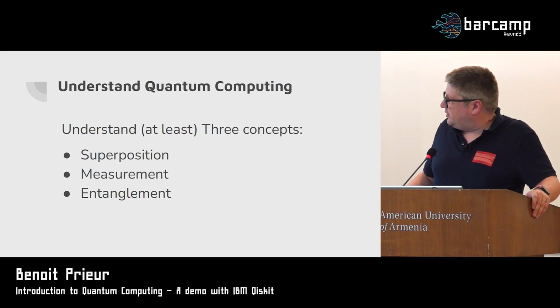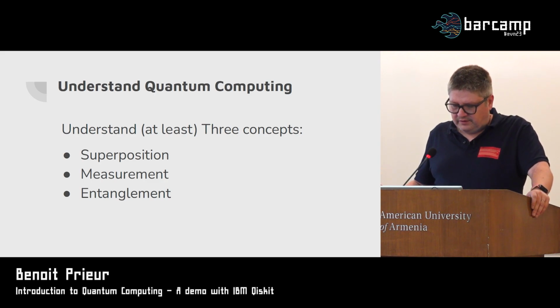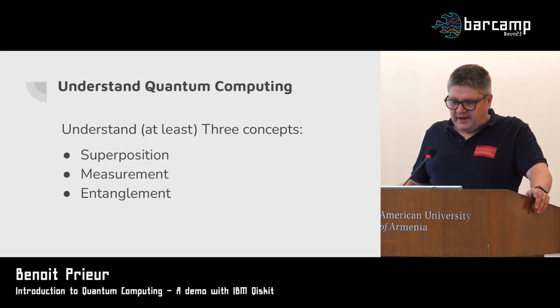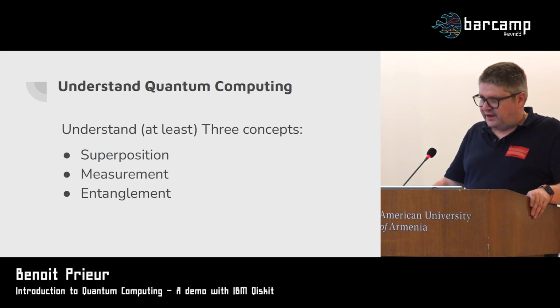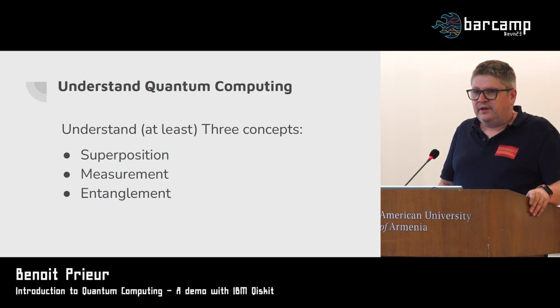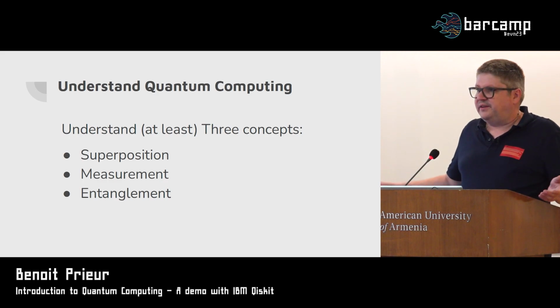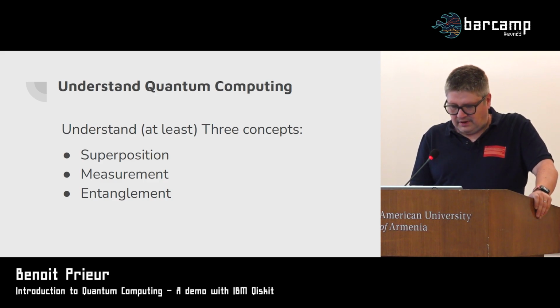It's superposition, measurement, these two concepts are connected quite strongly, and entanglement. In French, there are two words for entanglement, and in English only one. In Armenian, I don't know actually. What is the translation of entanglement? We will see that much later.